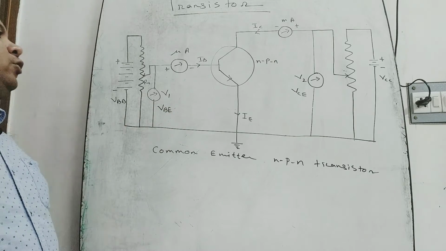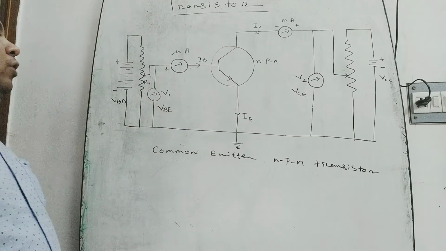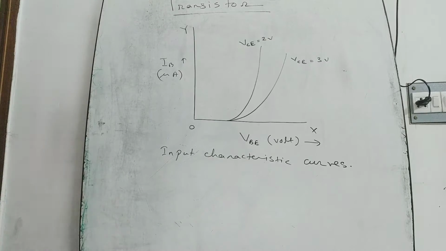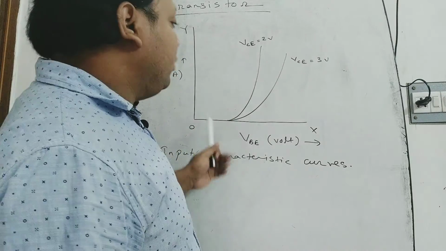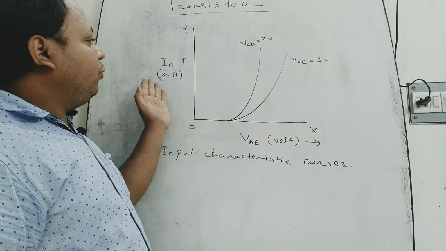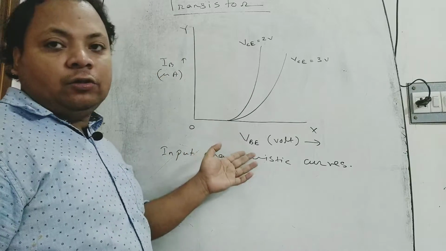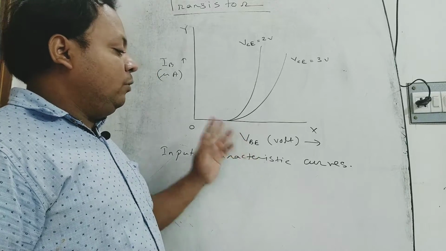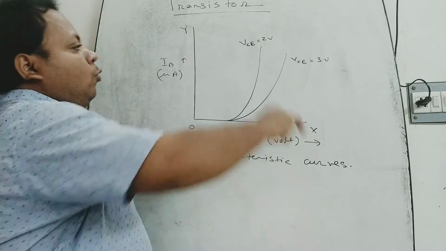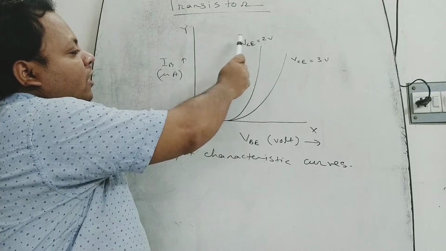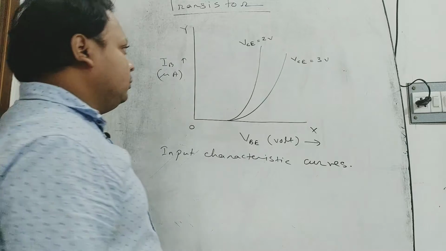This is the actual circuit diagram of a common emitter NPN transistor. This is the input characteristics curve, which shows the variation of base current with the variation of potential difference between base and emitter, when the potential difference between emitter and collector is kept constant.